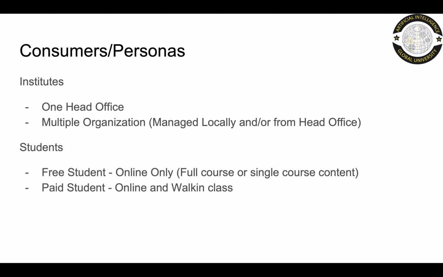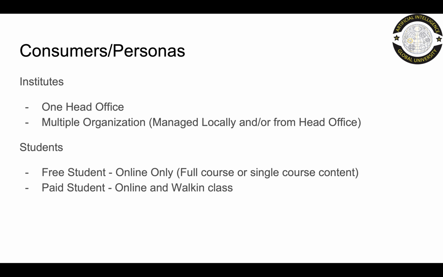The consumers, in terms of institutes, could be one head office along with multiple local offices. Students could be free or paid. Mostly, in this season, we believe students will be connected with one or multiple different educational entities.